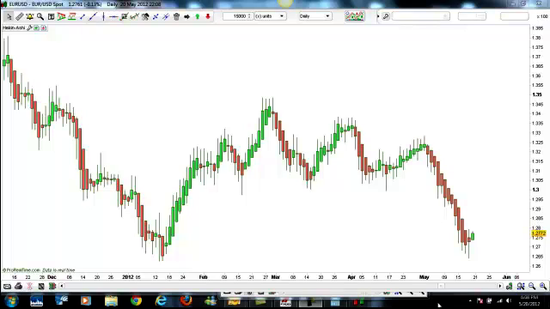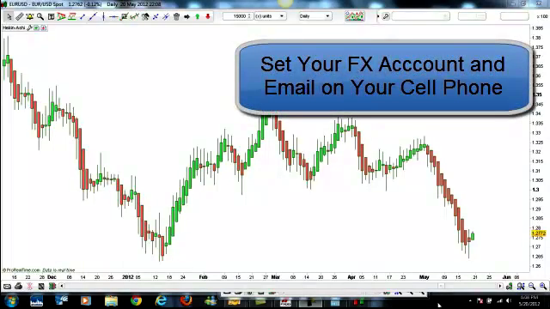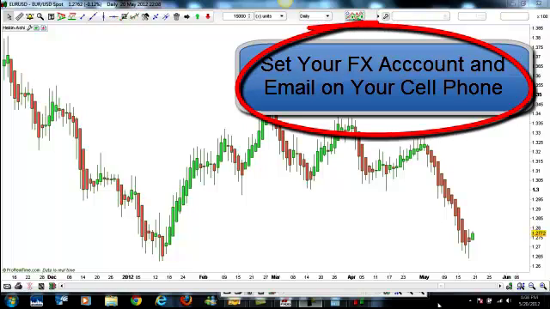And with this service, and I've mentioned this before, and you probably got this in a welcome email, I highly suggest that you set up your trading platform and the email that you're going to be using to receive the signals and updates from us on your phone. Most phones nowadays can do this.